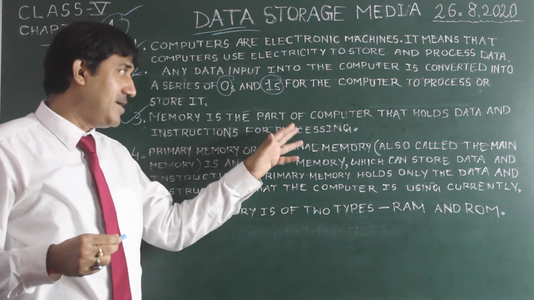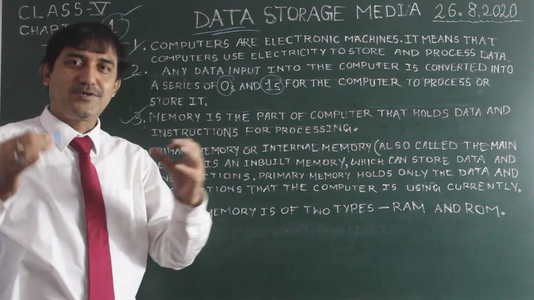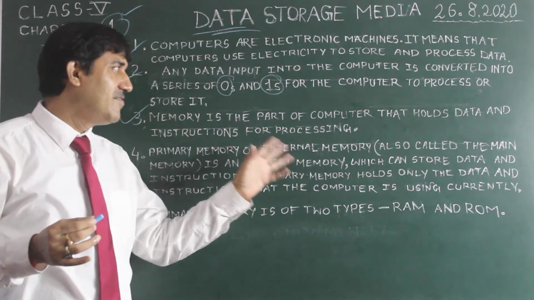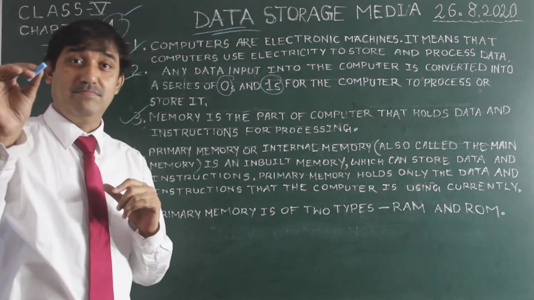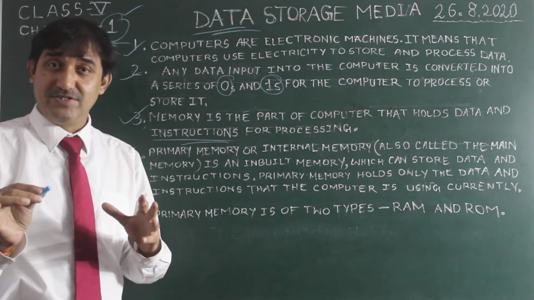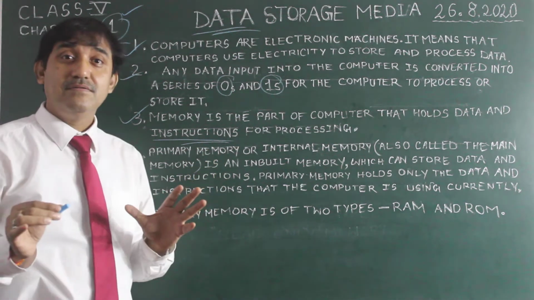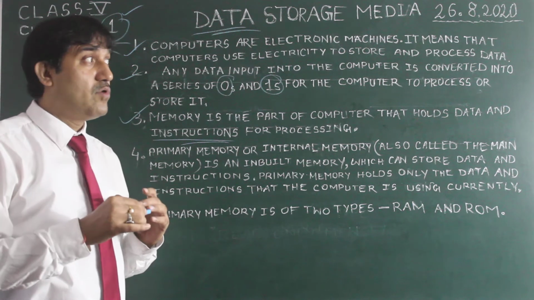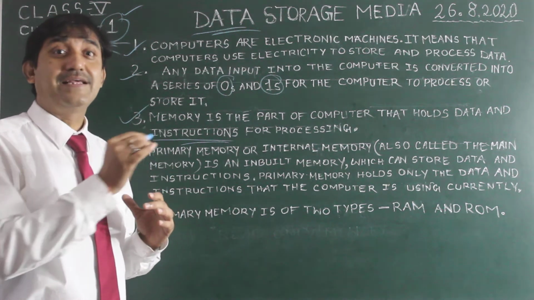Third point, I made in point form. Memory is the part of the computer that holds data and instructions for processing. Now, I should tell you what are instructions in computer language. Instructions are whatever you are giving or whatever you are programming and telling the computer to do.